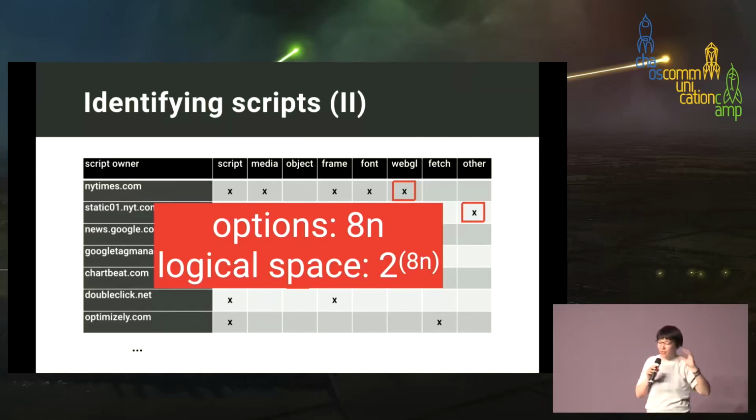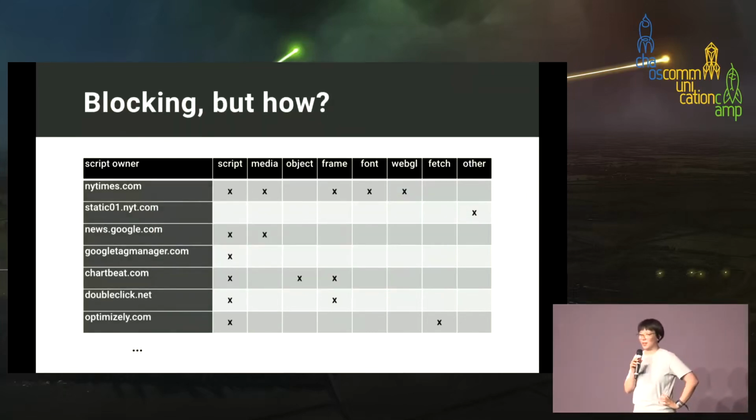And in fact, if you think about the possible combinations of those, again, taking block and unblock as the 2 dimensions you can work in, you have 2 to the power of 8n. That's all the different combinations you can have of blocking scripts. Again, New York Times doesn't have just 7 scripts, it has 27. So you have 2^216 options just going on a site. That's not what we want to be confronted with. Of course, some of these options are going to be more salient than the others.